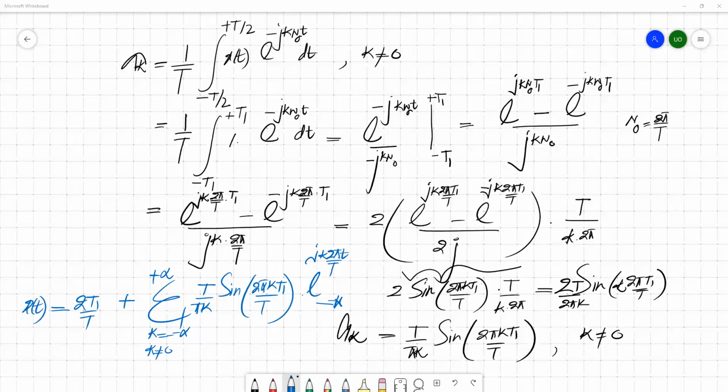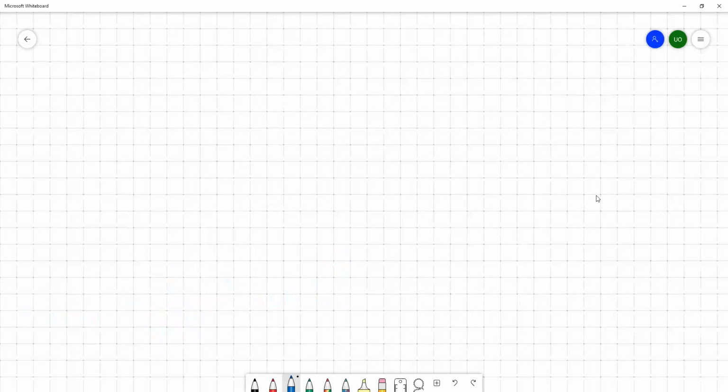If we want to simplify this further, we can do a simple mathematical manipulation, replacing this expression using the sinc function. The sinc function, sinc x, equals sine x divided by x when x is not equal to 0.